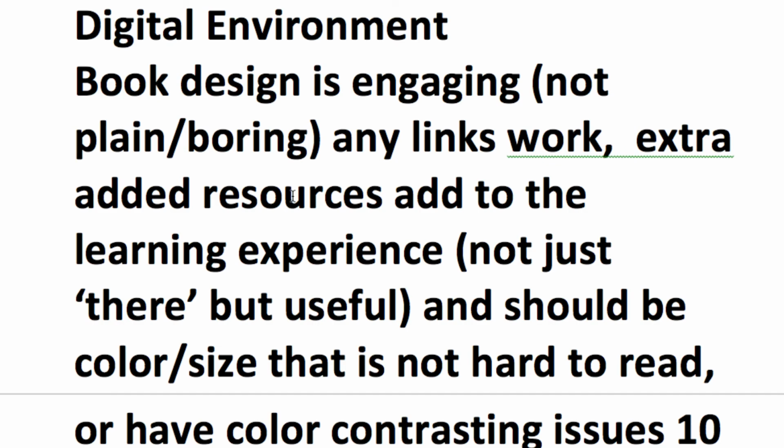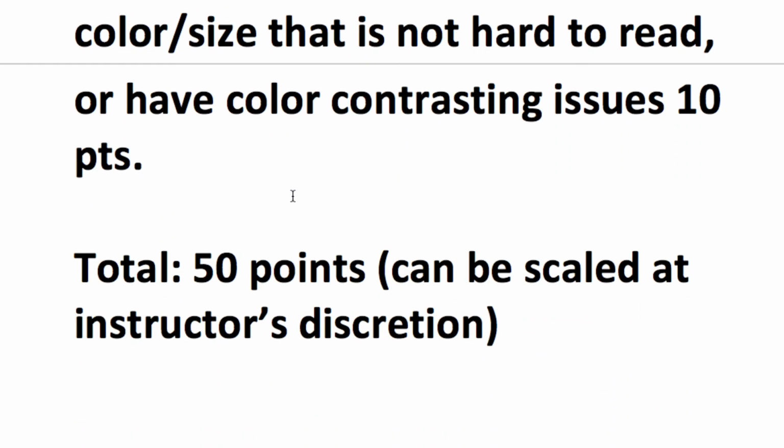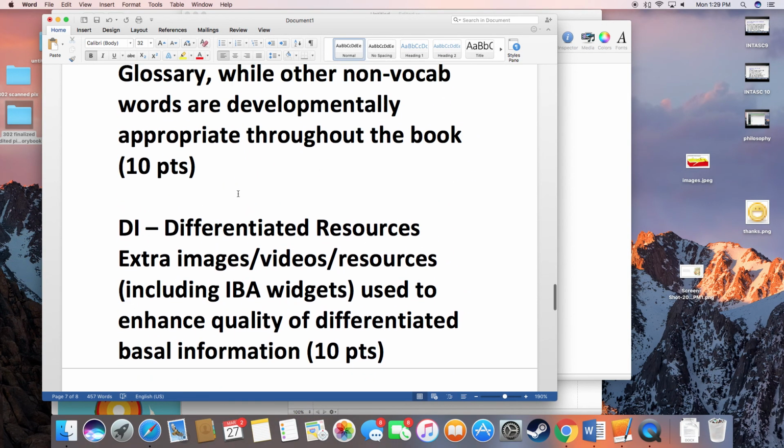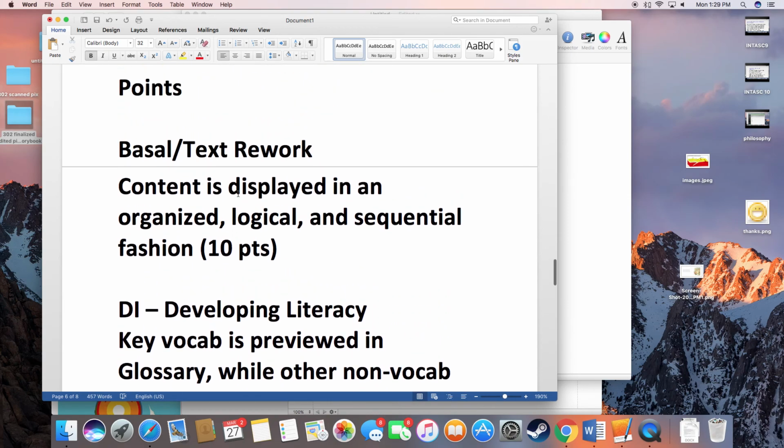The environment should be thought out. It should be engaging and colorful, not plain Jane, but at the same time, it shouldn't be so colorful that it is distracting or creates some sort of color contrast issue. But basically, the overall digital environment, how does it look, and also do all the elements work within the iBook? That's another 10 points right there. So that's basically a total of 50 points. And like I said, your instructor can scale it however they like. I just have 5 sections, each divided up 20%.